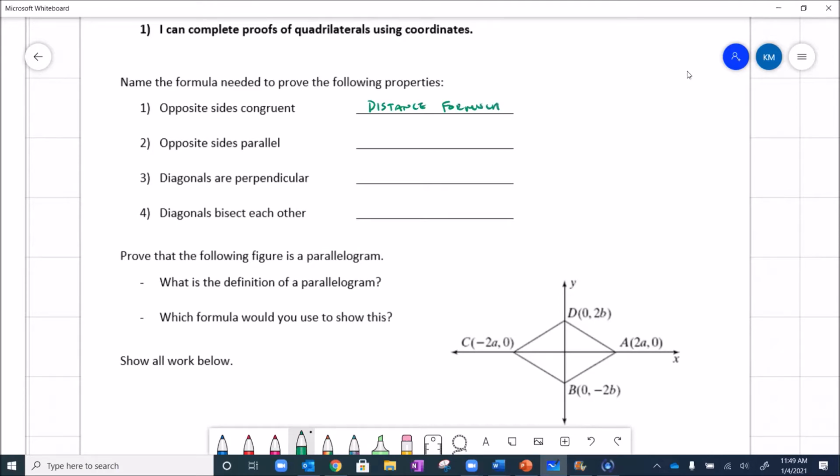If you were asked to prove that opposite sides are parallel, parallel in a coordinate plane deals with slope. If you're asked to prove that diagonals are perpendicular, again, that would be slope. Remember that with sides that are parallel, it means they have the same slope. And if they are perpendicular, that means they'd have opposite reciprocal slopes.